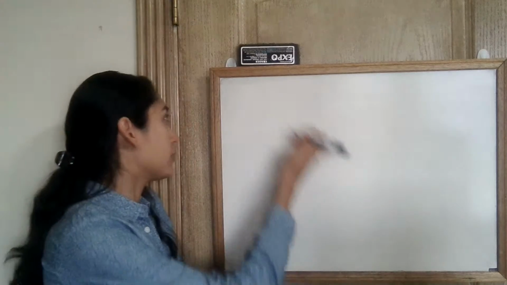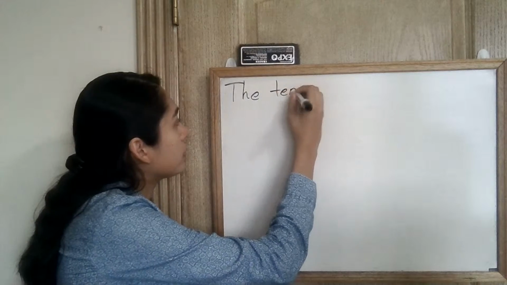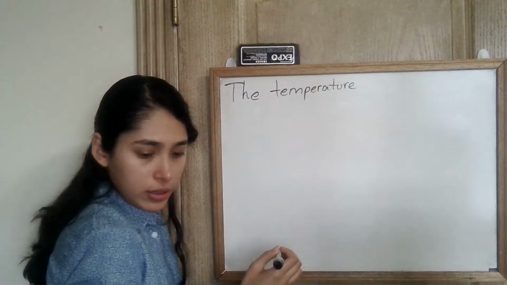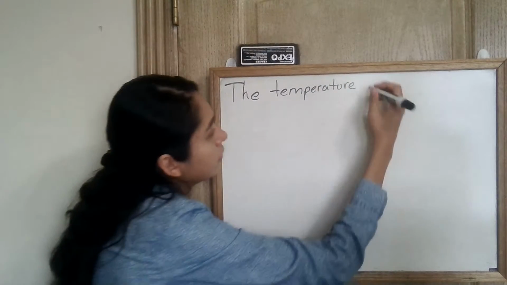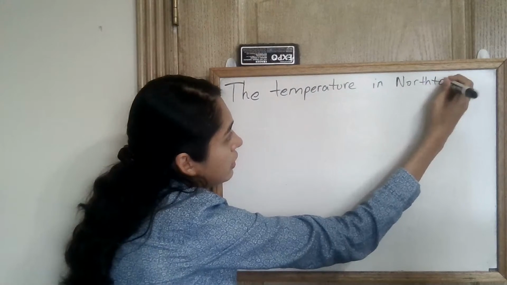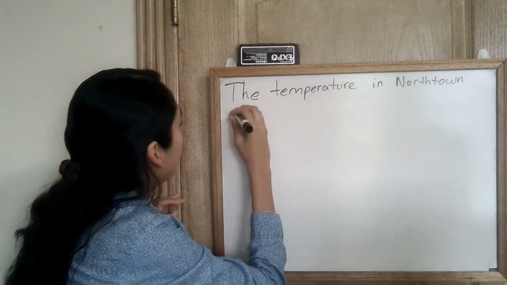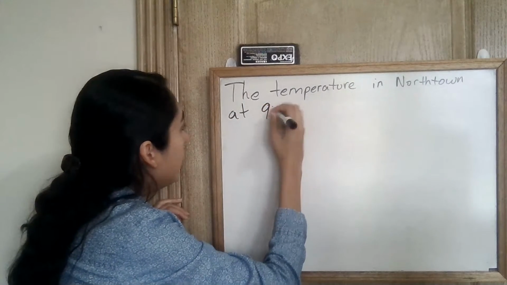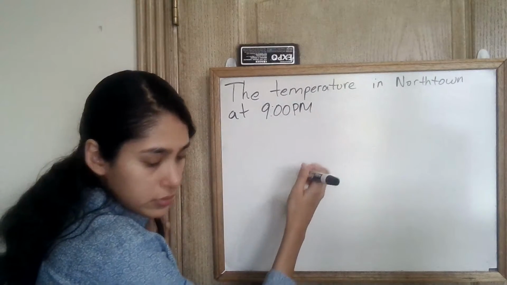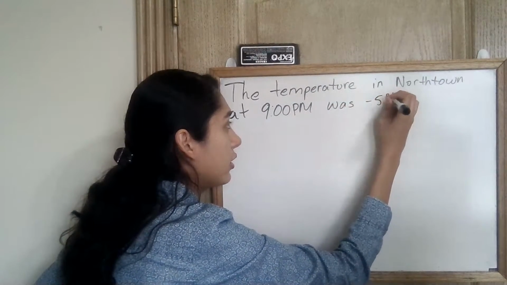So the temperature in Northtown at 9 p.m. was negative 5 degrees Fahrenheit.